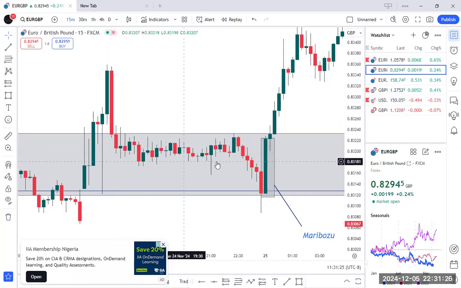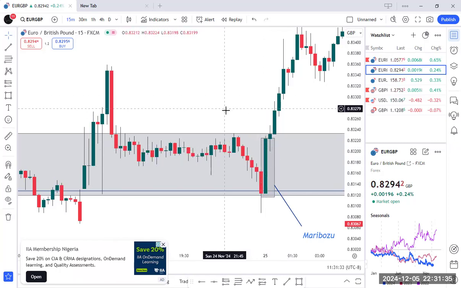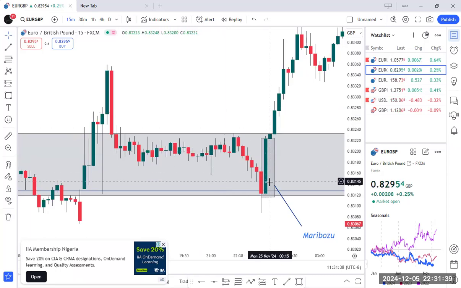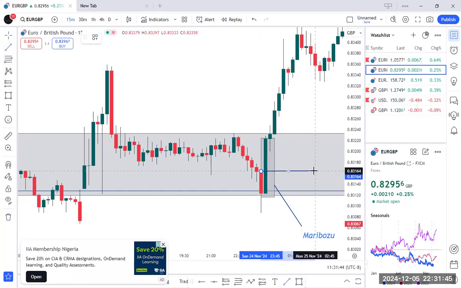Price pushed to this low, and then gave us an engulfing with a Mariposa candlestick that pushed the price up. Immediately you see a Mariposa candlestick, what you need to do is to buy. That's why the price wasn't able to come back to this low.